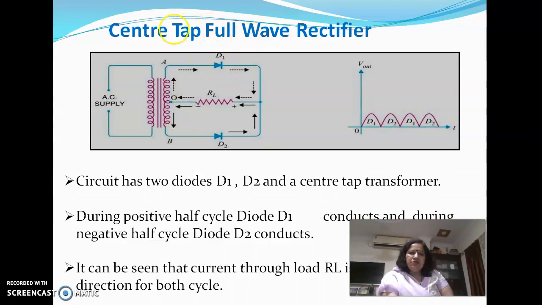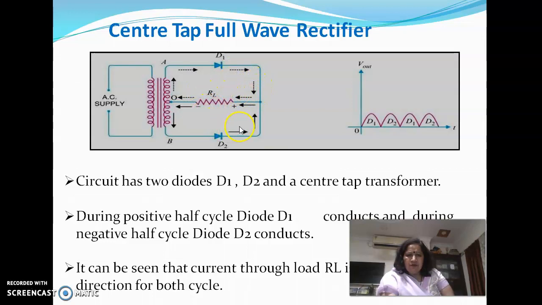These are the two diodes, D1 and D2. So, during the positive half cycle, you can see this end A becomes positive and the end B becomes negative. So, the result is this diode D1 will be forward biased and D2 will be reverse biased, and current will start flowing from the point A through the diode D1 through the load resistance RL.